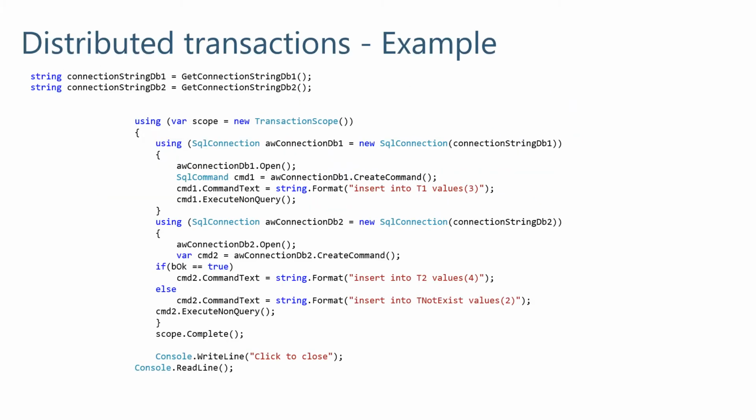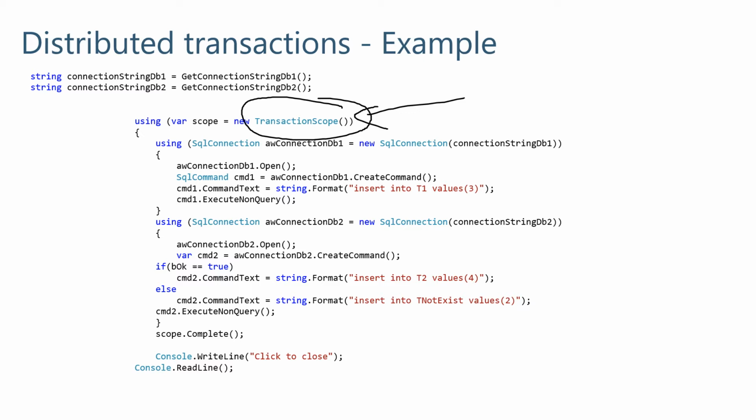Let me show you an example of how to run a distributed transaction in SQL Azure. First of all, this code is in C#. You need to download the latest version of .NET. The first thing is we have a new object, a transaction scope, that maintains the distributed transaction that we have.